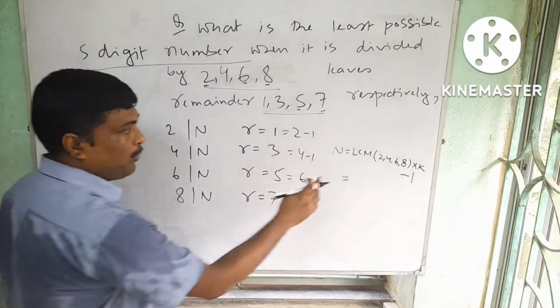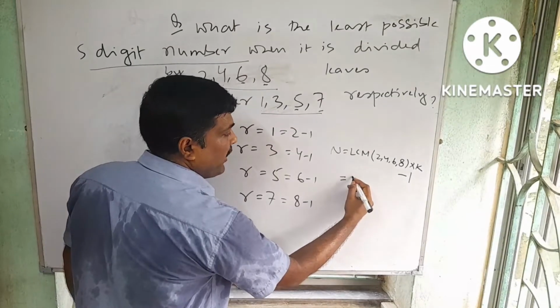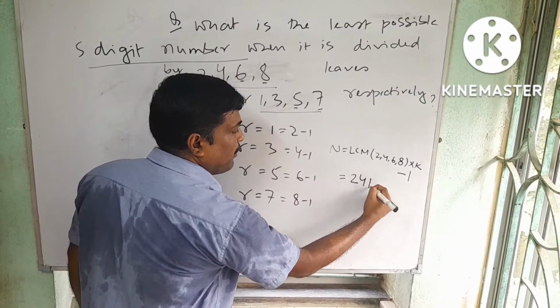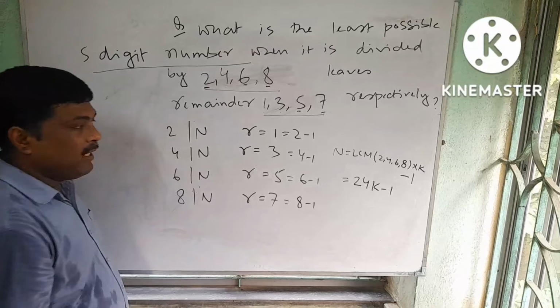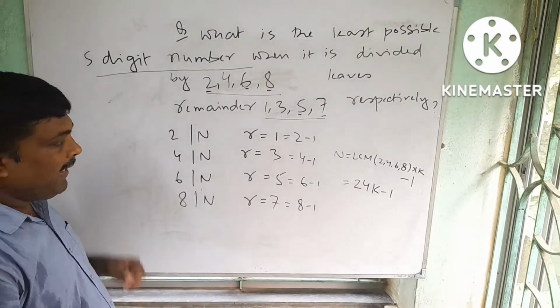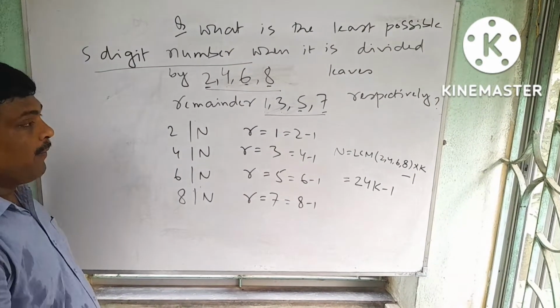Now what is the LCM of 2, 4, 6, 8? That is 24. So n equals 24k minus 1.